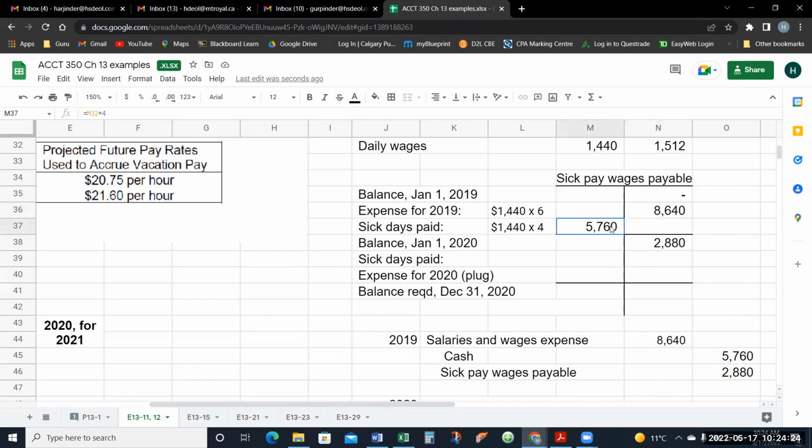And then for the payment, you want to debit the sick pay wages payable account and credit cash for 5,760. All right, so either combine them together or show them as two separate journal entries. It's your choice. Now, what happens in 2020?